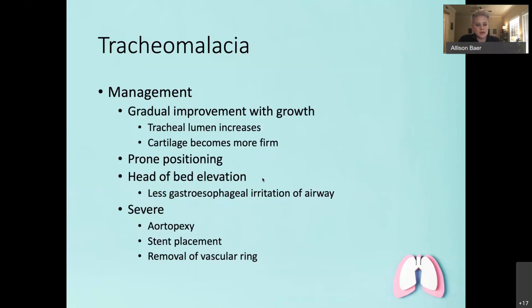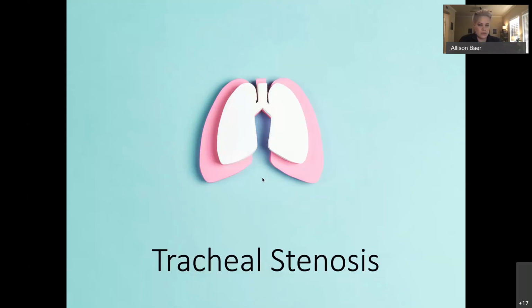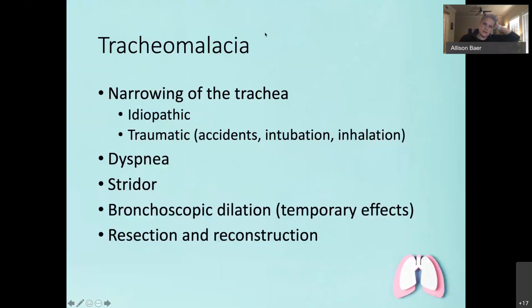So a lot of times they grow out of it. But if not, you can do some repairs: aortopexy, stent placement, and removal of that vascular ring that's causing the collapse of the trachea.